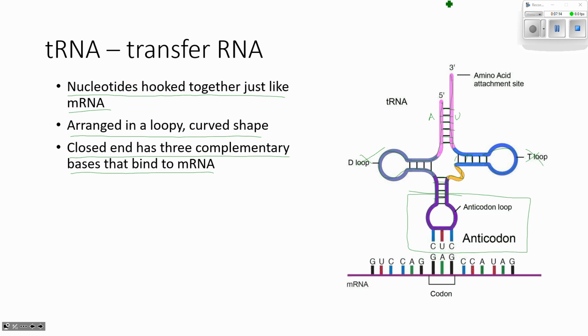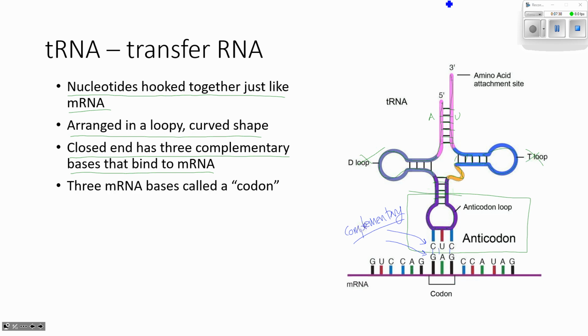So you can see here that on this transfer RNA, there's a C that hooks to a G on the messenger RNA strand. So these are complementary. The U and the A are complementary, the C and the G are complementary for this particular transfer RNA.